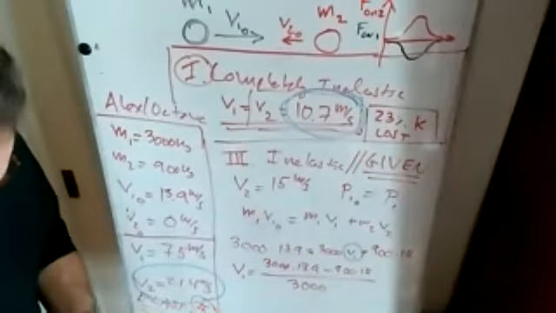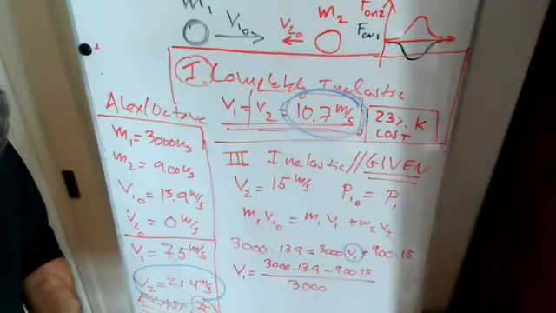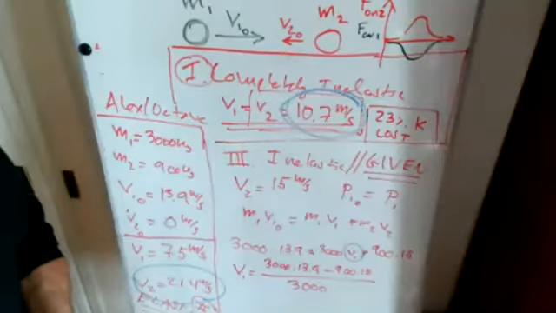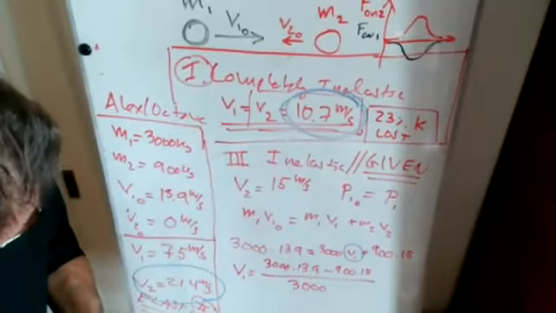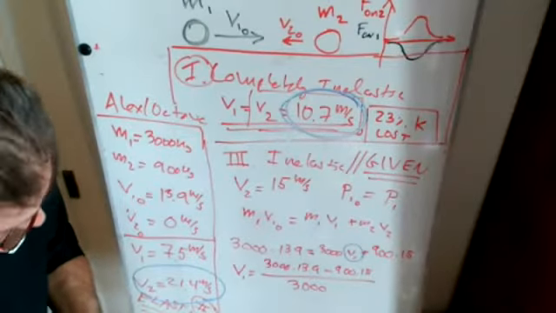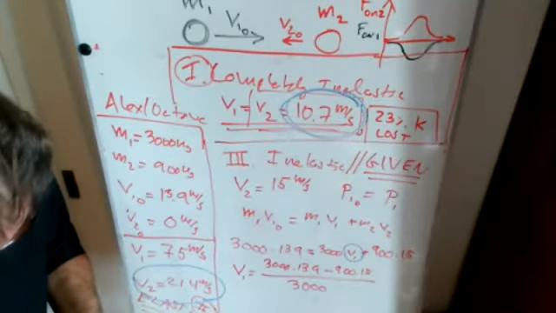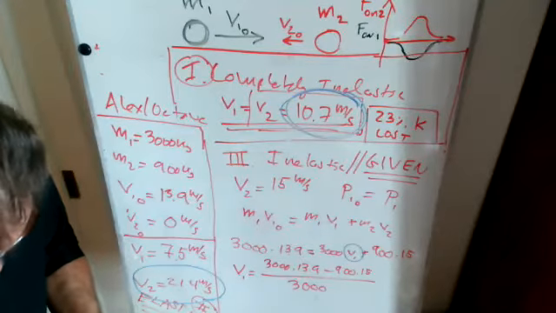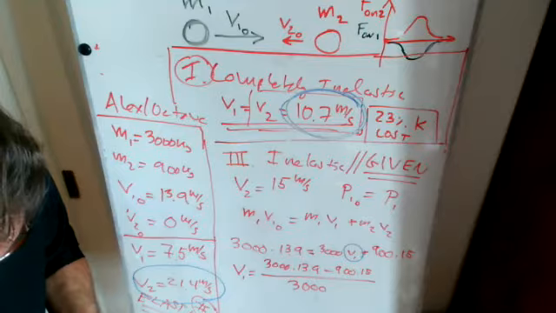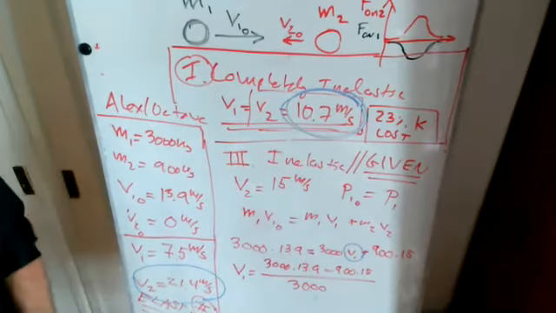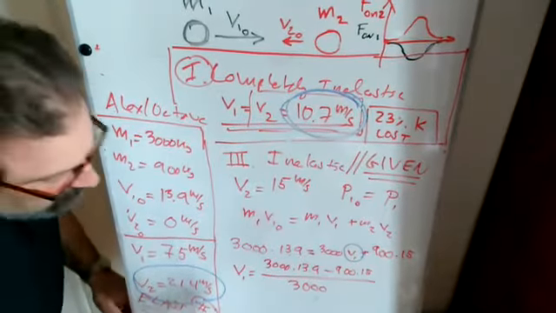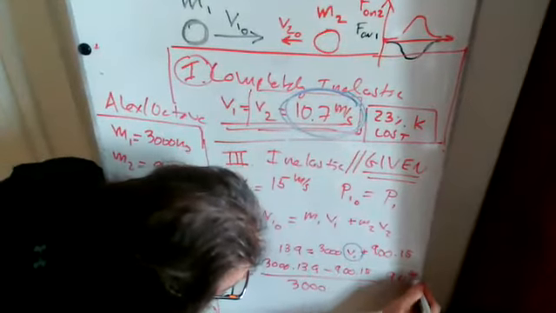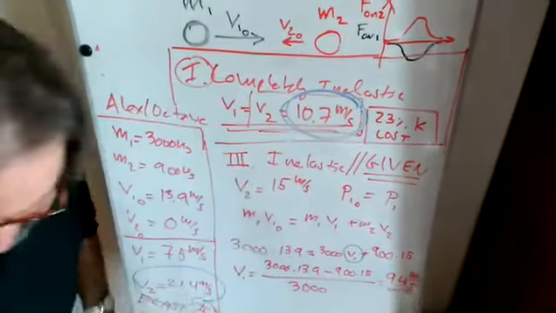And let's plug that into our calculator. So 3,000 times 13.9 minus 15 times 900, divided by 3,000. I get 9.4 meters per second for the speed of Alex after the collision, 9.4 meters per second.